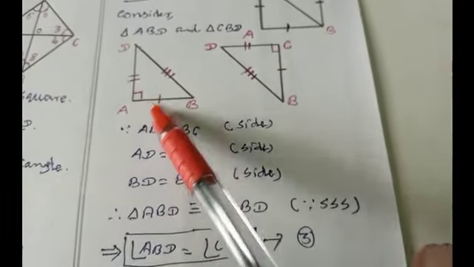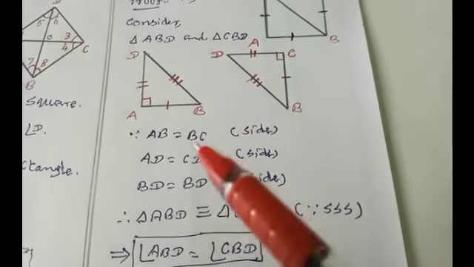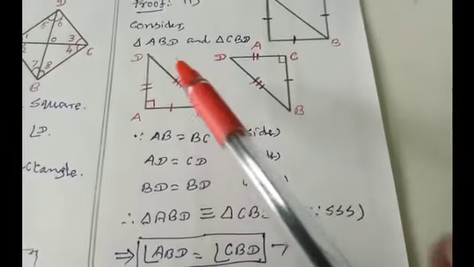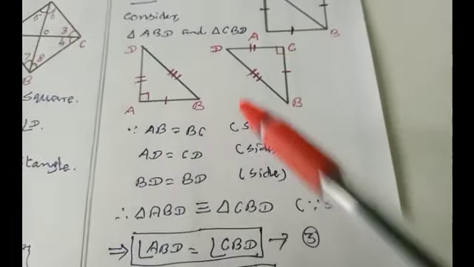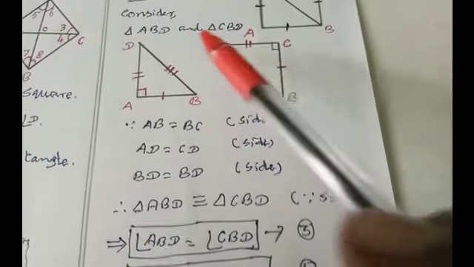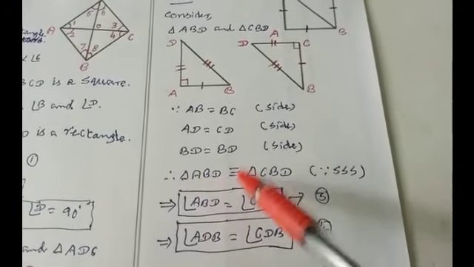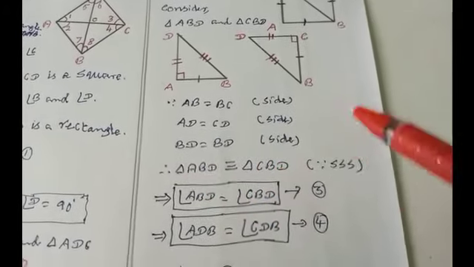Now we can say AB is equal to BC, sides are equal, and AD is equal to CD. And similarly we can say BD is equal to BD. So by side criterion, we can say triangle ABD is congruent to triangle CBD.